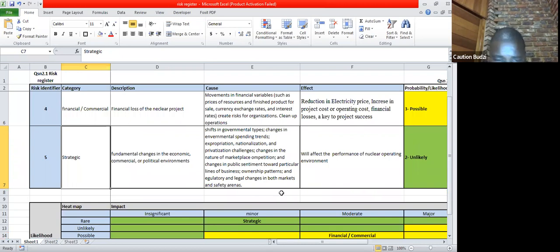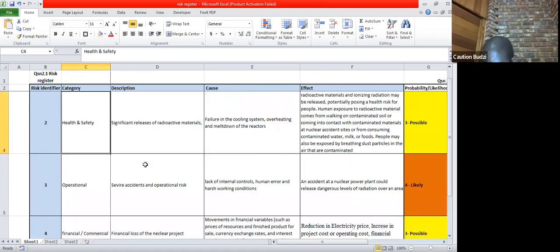So all these changes can cause a strategic risk to a nuclear power plant. So this will have an effect on the performance of the nuclear power plant operating environment.